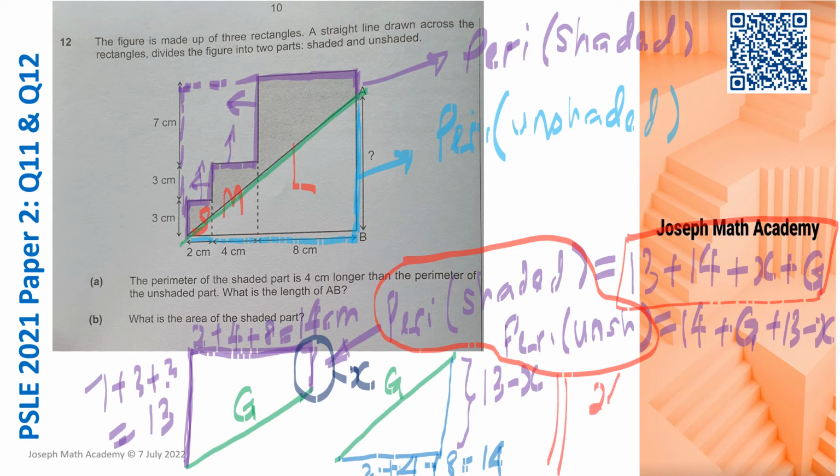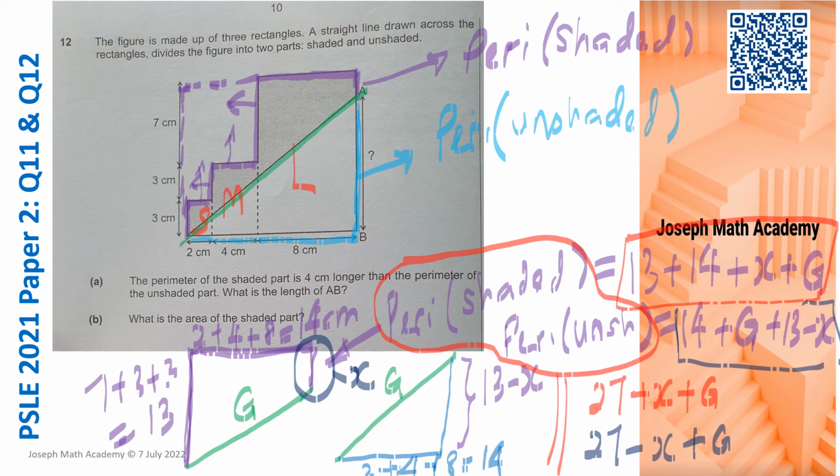This part over here is actually 27 plus x plus g. And then the one below is actually 27 minus x plus g.